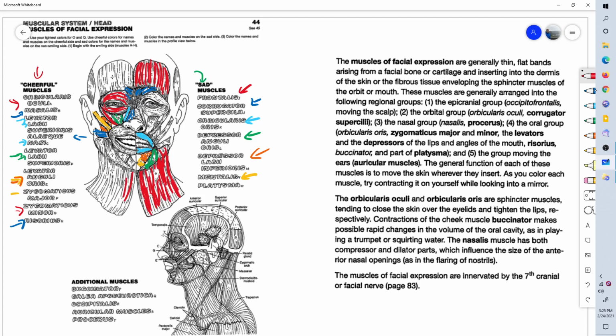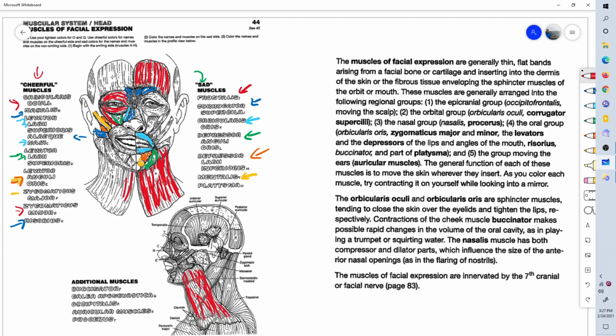That's called the platysma, a long, flat muscle extending from the mandible all the way down and past the neck. It's a very superficial muscle on top of all your other muscles, on top of your clavicle, and even into your shoulder and your chest.